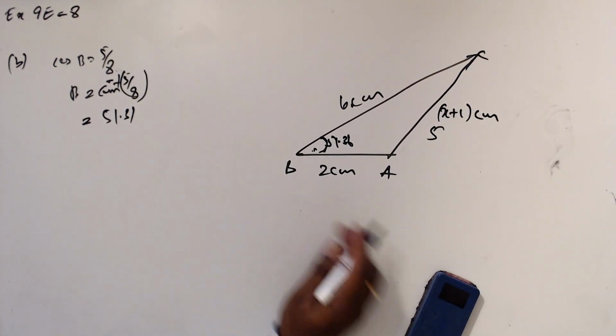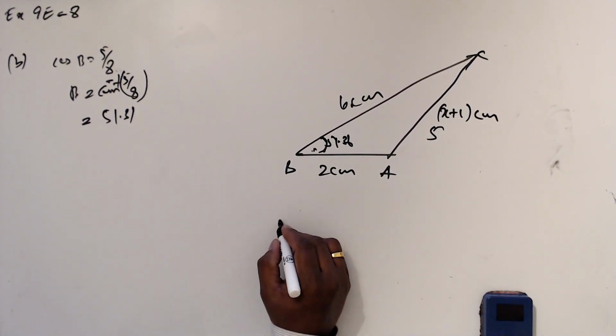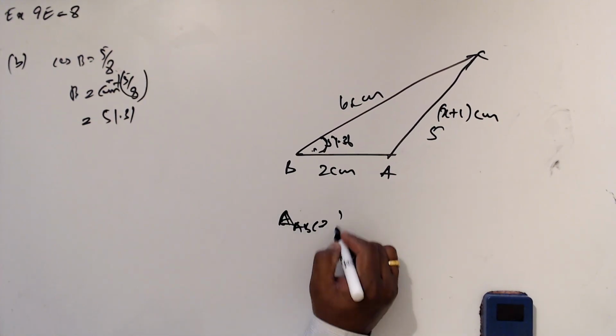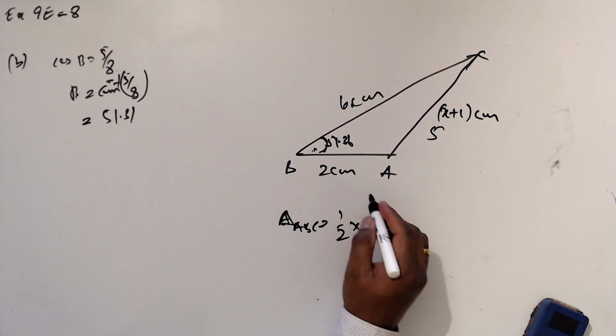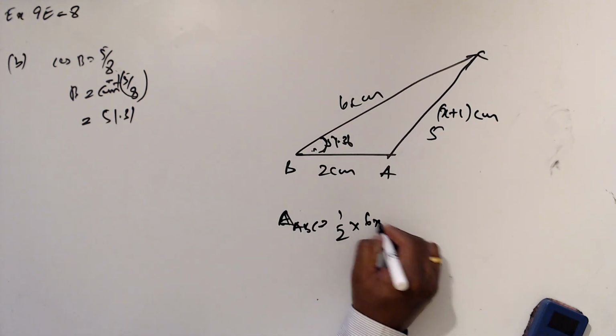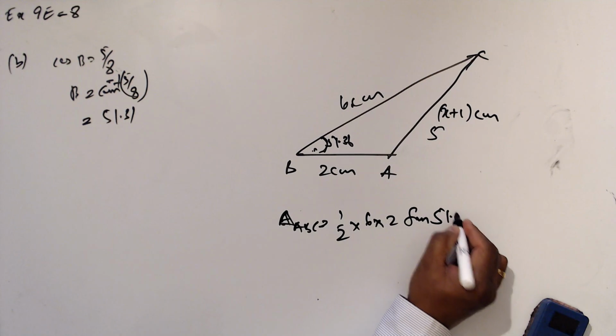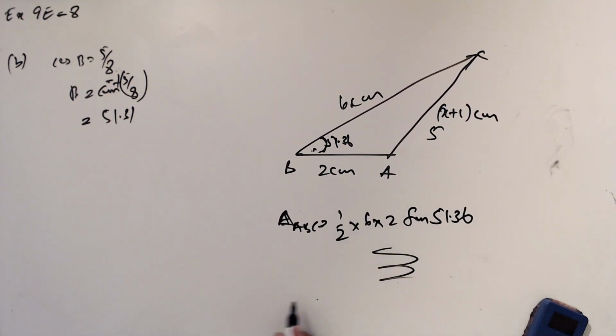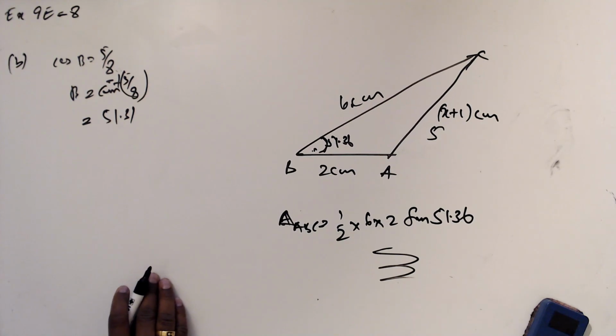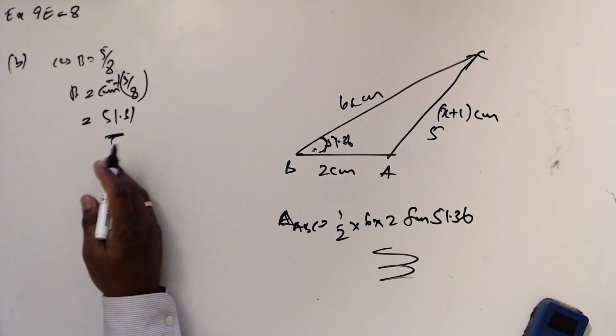Then you can write half a triangle area is half a 6 b 2 sine 51.31. But we know that this is an acute angle. There could be another answer as well. This is not the only answer. There should be another answer.